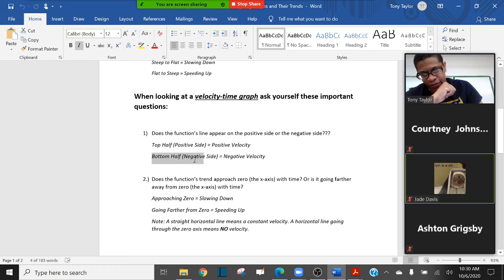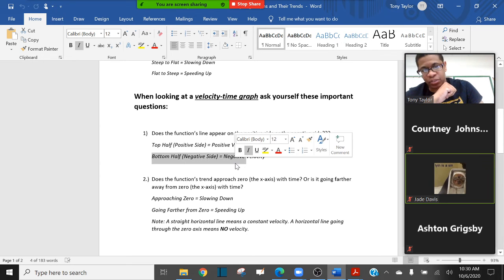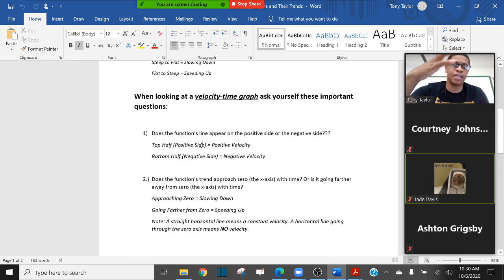If your line appears on the bottom half of the graph, which is the negative side, that means your object is moving in the negative direction. So everybody got that? Everything above the horizontal axis is a positive velocity, and everything below the horizontal axis is a negative velocity.